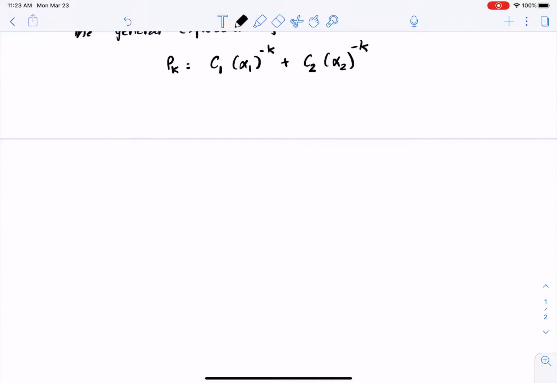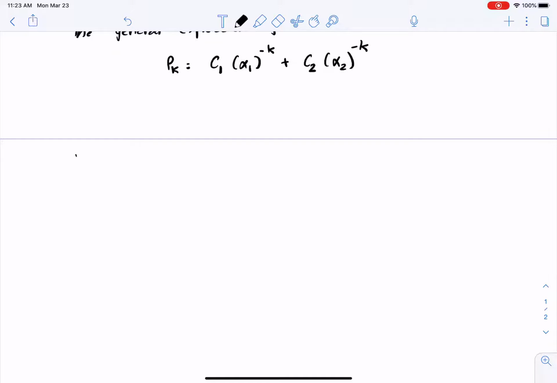Now we want to solve for C1 and C2. So we have to make use of the rho 1 and rho 2 that we know from the Yule-Walker equations to find C1 and C2, so that we can generalize the entire ACF.